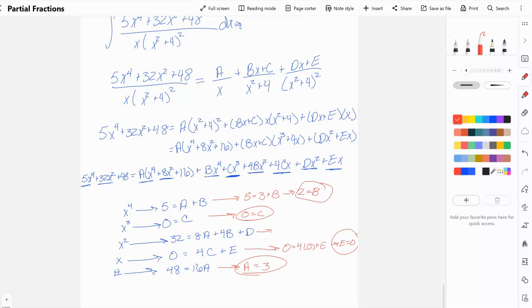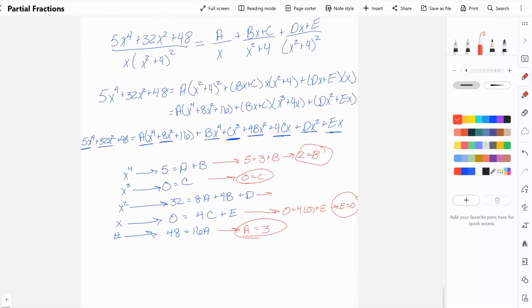And then, let me actually take this down here. 32 equals 8 times a plus 4 times b plus d. So 32 equals 24 plus 8. So d is 0.